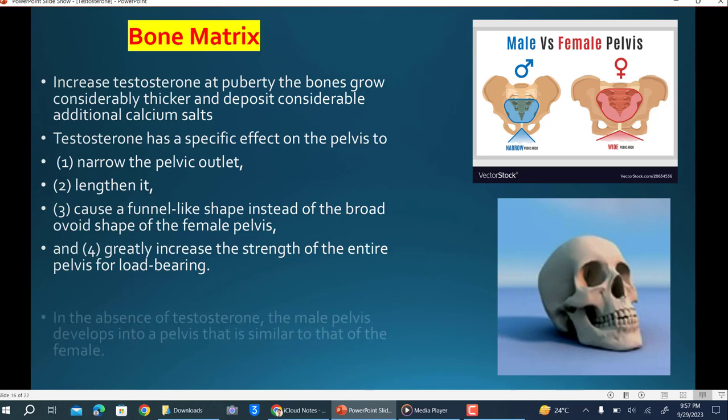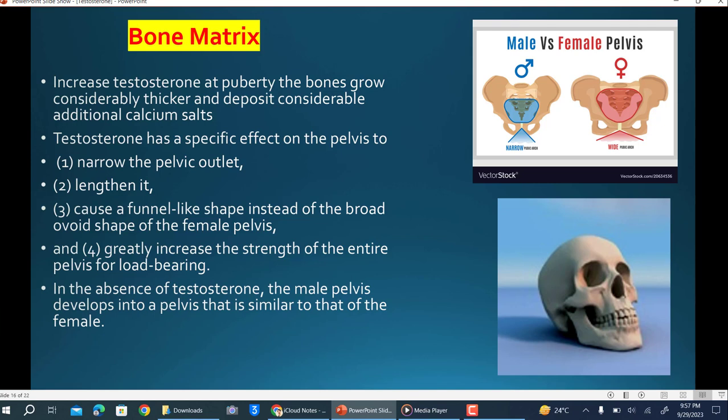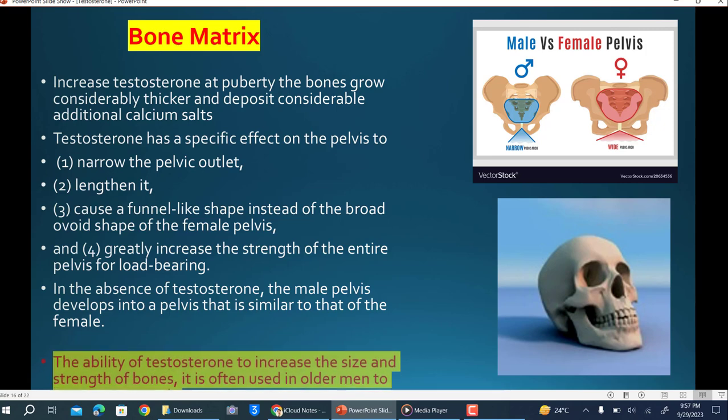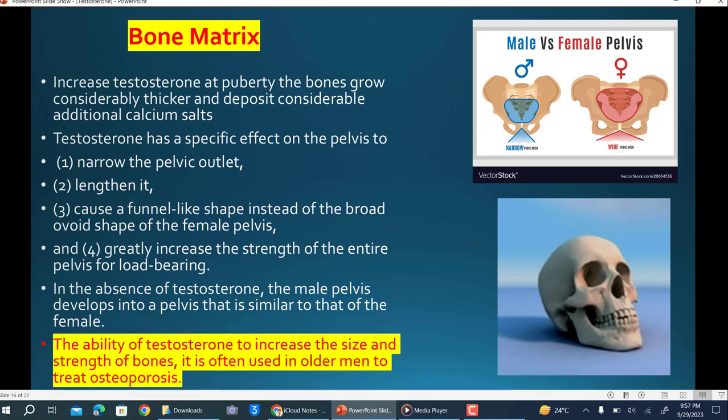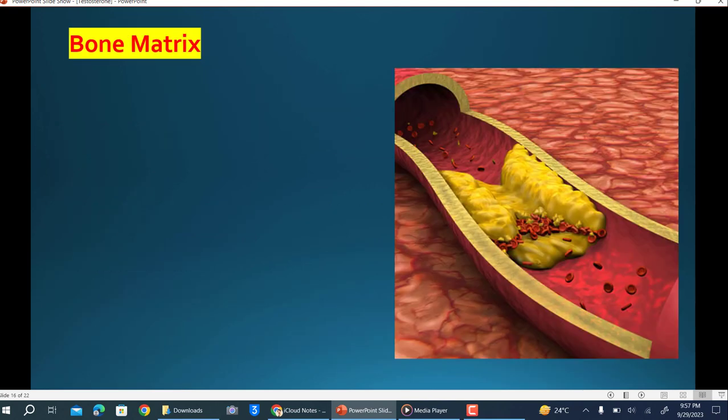In the absence of testosterone, the male pelvis develops into a pelvis similar to that of the female. Because of the ability of testosterone to increase the size and strength of bone, it is often used in older men to treat osteoporosis. Testosterone can be given in case of osteoporosis.